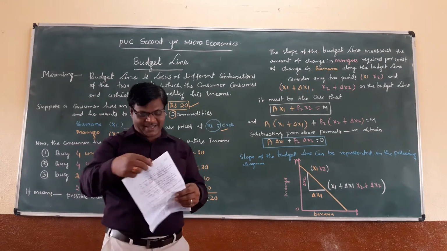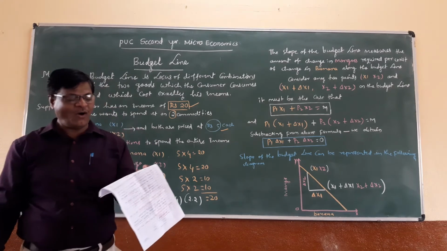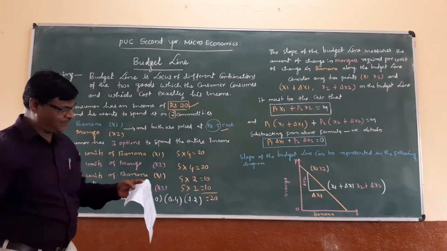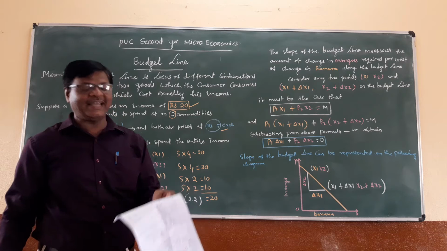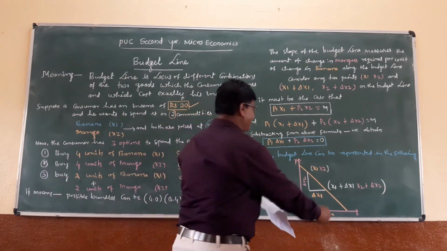So he can choose these bundles. When all these bundles are represented graphically, we get a downward sloping straight line.